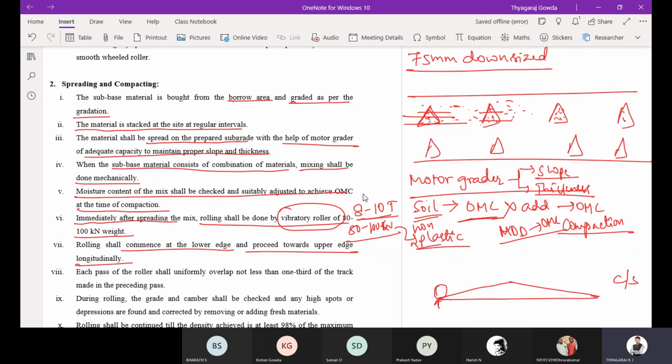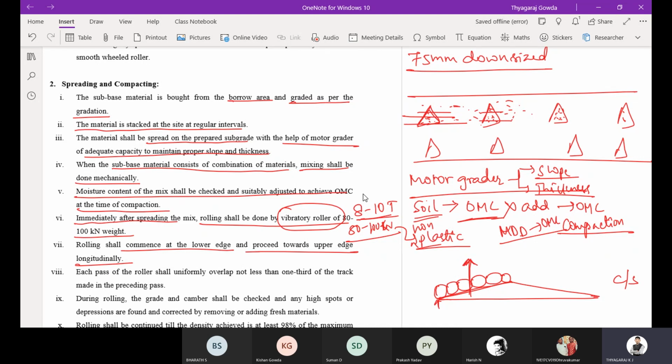This is the lower edge. It will progress towards the upper edge longitudinally. Longitudinally means along the length of the road.